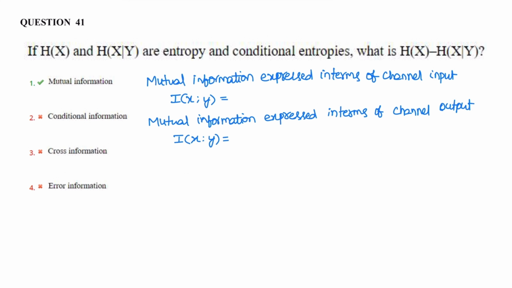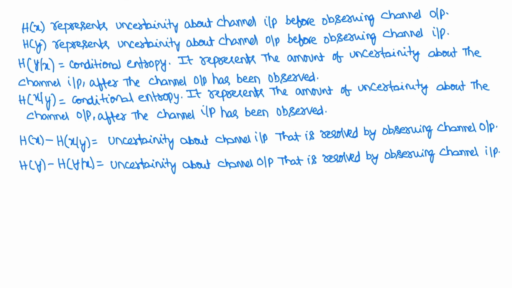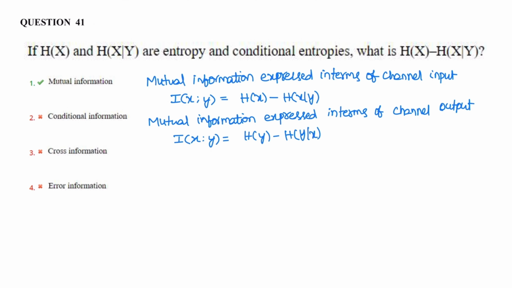Next question. Mutual information is expressed in terms of channel input, that is I of X to Y is equal to H of X minus H of X by Y. Mutual information can also be expressed in terms of channel output, that is I of X;Y is equal to H of Y minus H of Y by X. Mutual information of the channel is related to the joint entropy of the channel input and output, or I of X to Y is H of X plus H of Y minus H of XY.